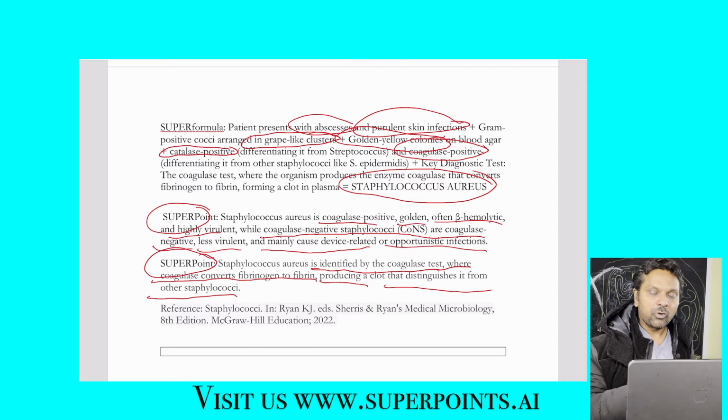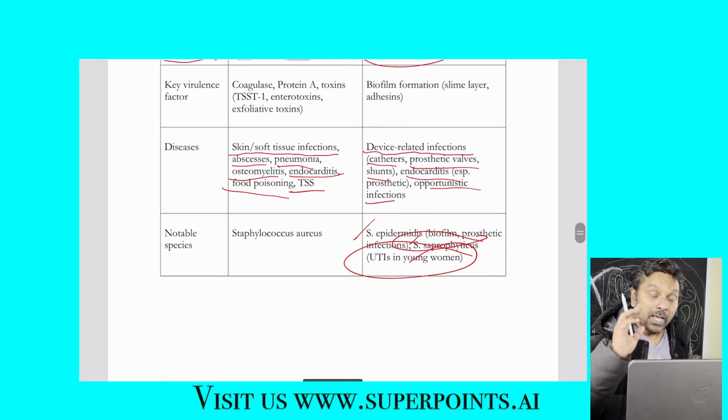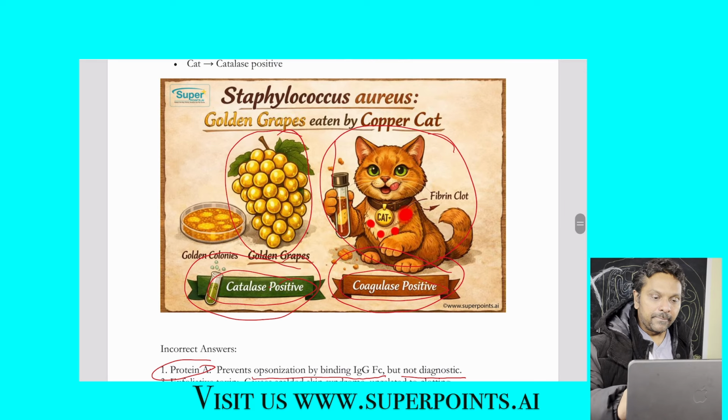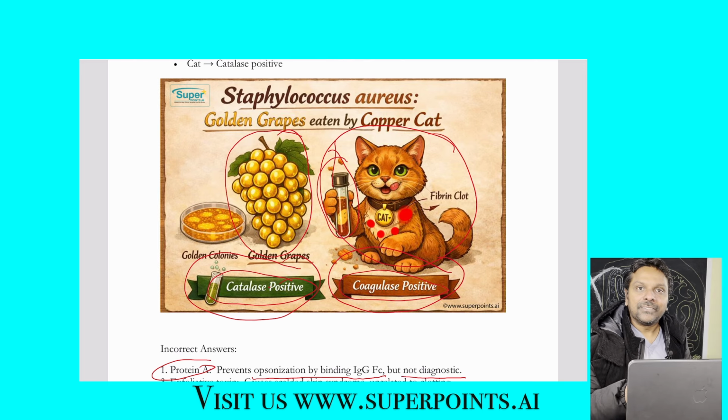from other staphylococci. So as a visual mnemonic, you can also do one thing. Put a nice fibrin clot in the cat's hand. Imagine that cat is holding a nice test tube, and in that there is a fibrin clot, or even on its body you can say fibrin clot.